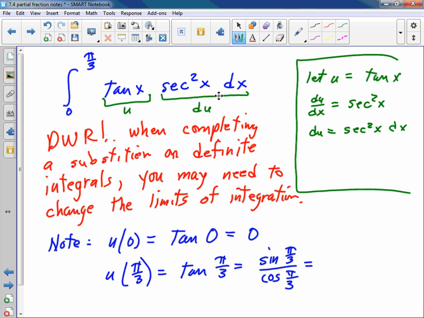Sine of pi over 3. Mo? Okay, on your unit circle, pi over 3 is up here. And it's 60 degrees. And sine is square root of 3 over 2. What's cosine?